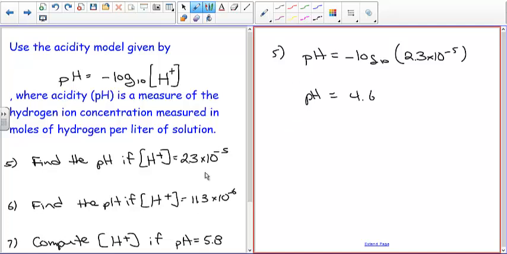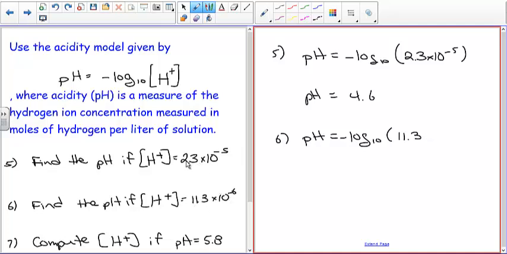Now usually the smaller the hydrogen ion concentration, the less acidic it is, so I'm expecting the next number to be a higher number. Remember, low pH is acidic, high pH is basic. So pH is equal to minus log base 10 of 11.3 times 10 to the minus 6.